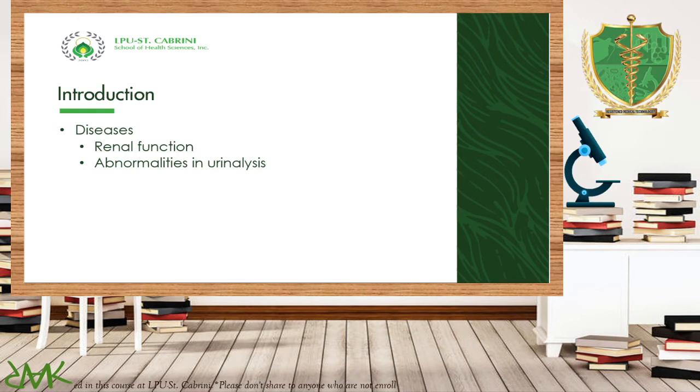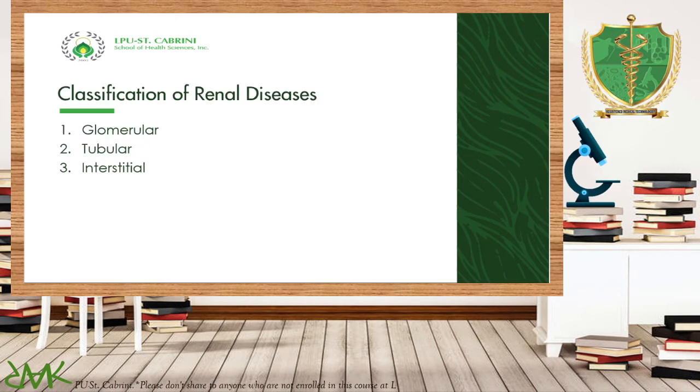In order to identify the condition, it is important to remember the functions of the kidney as well as to indicate what the abnormalities in the urine analysis are. And of course, we should be able to correlate the results that we have. So this is the classification again of renal diseases: glomerular, tubular, or interstitial.